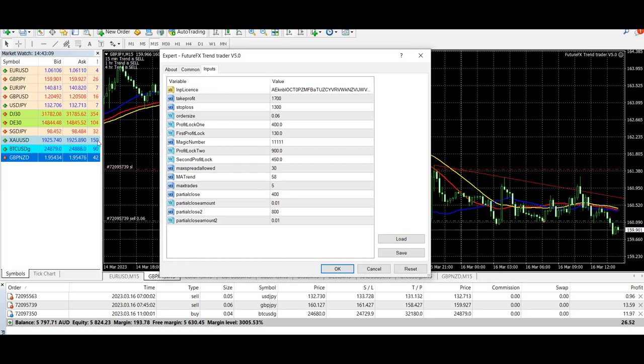Gold, the spread here is 150. So for me personally, I would have a look at that, and I'd probably go with about 200. You don't want to have to watch it all day to see what the average is, but what I'd suggest is when you're setting it up, have a look at what the spread is, but not within the first 2 hours of the market opening each morning.